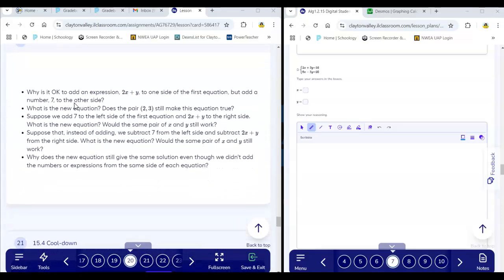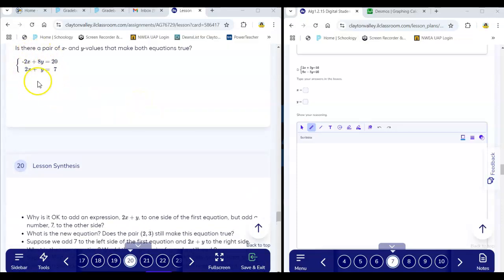Why is it okay to add 2x plus y to one side of the equation and add a number 7 to the other side? It's okay because 2x plus y equals 7. It says it right here. So therefore, we can add this to this side and this number to this side, and we still get a true statement.